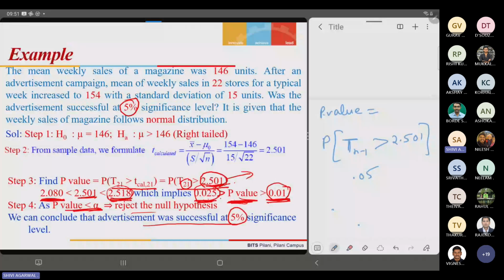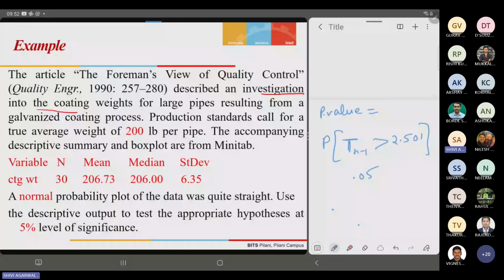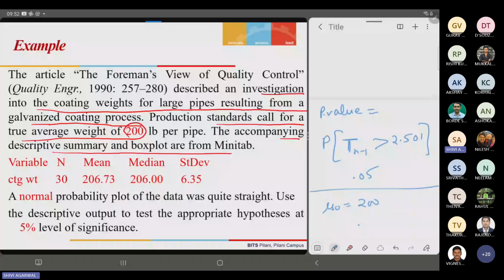The article described an investigation into the coating weight for large pipe resulting from a galvanized coating process. The production standard calls for a true average weight of 200. So what is given here? Mu naught is 200 lb per pipe. The accompanying descriptive summary and box plot from Minitab is provided here.